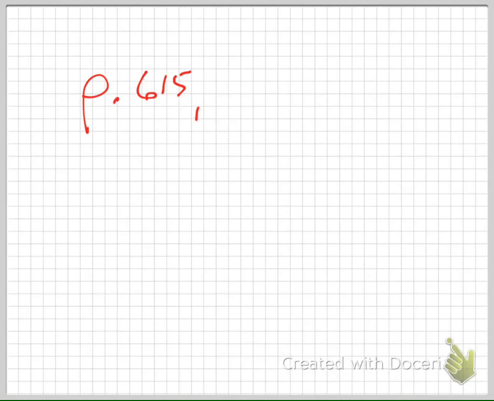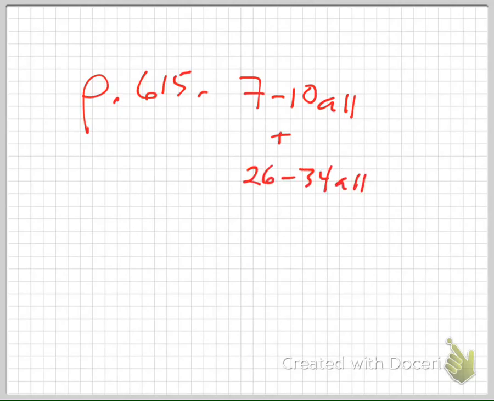It's going to be numbers 7 through 10 all, and 26 through 34 all. I'm not done, I don't think. And 37 through 42. I'm going to make all these even. I'm going to make your life easier because I think they're difficult.